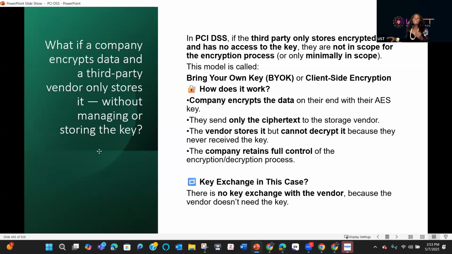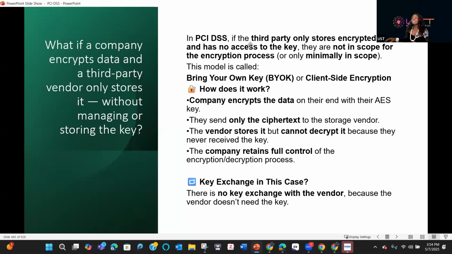But what if a company encrypts data and a third-party vendor only stores it without managing or storing the key? Remember, we said that is a condition to reduce the PCI DSS scope.